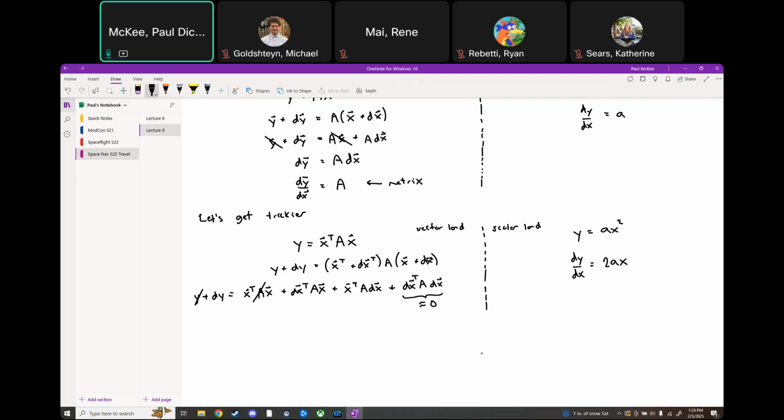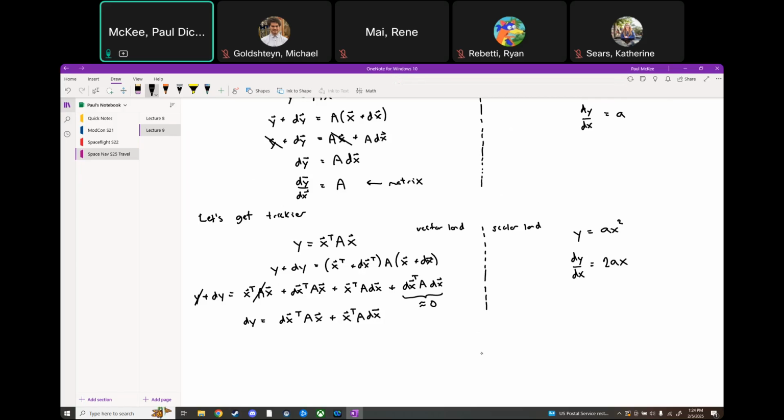What we get then is dy is dx transpose Ax plus x transpose A dx. Okay, now this is a scalar plus a scalar.